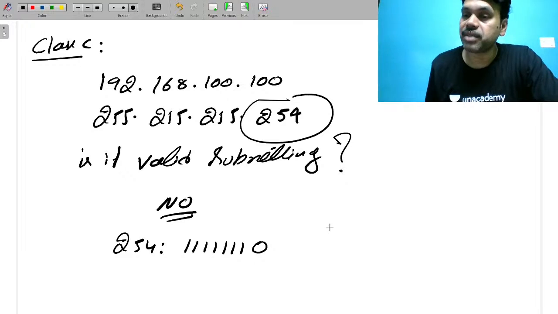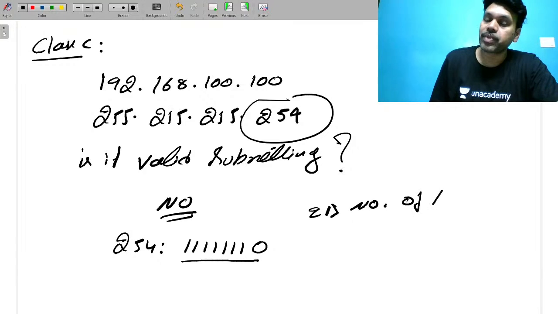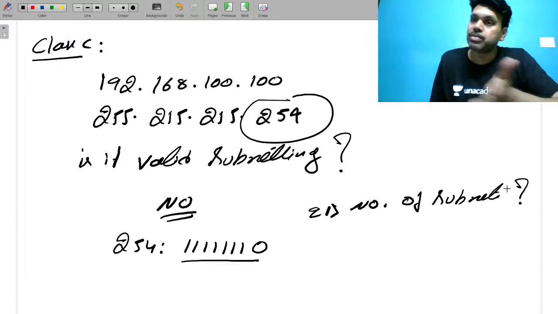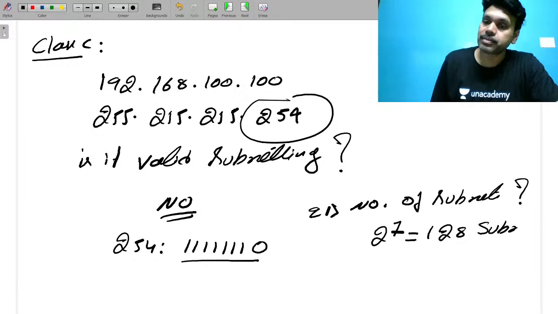Please learn binary well. So now tell me, after writing that, the first question is the number of subnets. How many ones did you subnet? 7. So 128 subnets you got. No doubt. And question number 2, number of HIDs.